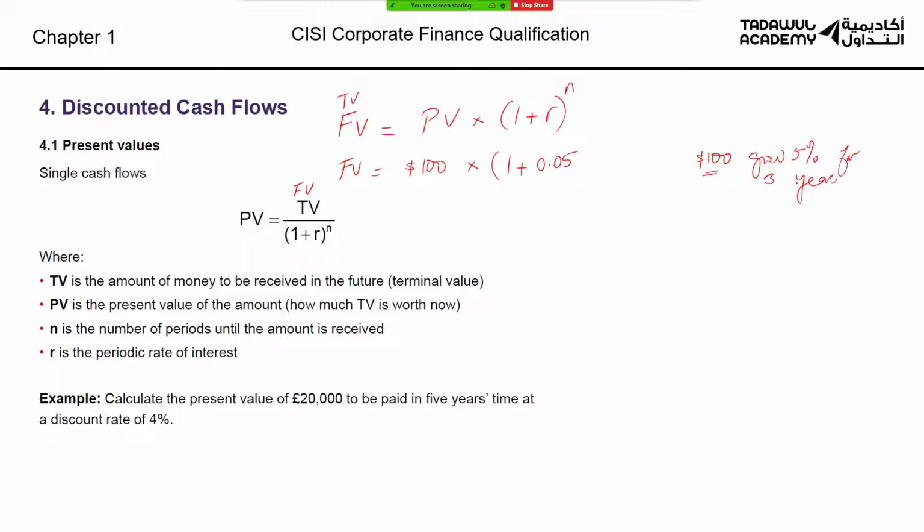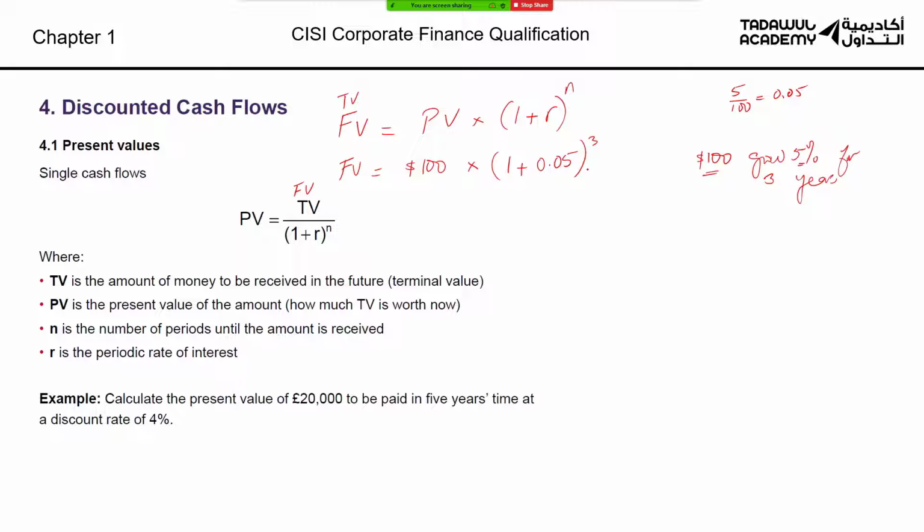Please remember to convert the percentage to a decimal. It's very important, because if you put 1 plus 5, you'll get the wrong answer. Of course, 5% is 5 divided by 100, and this will give you 0.05, to the power n, number of periods, that's 3.